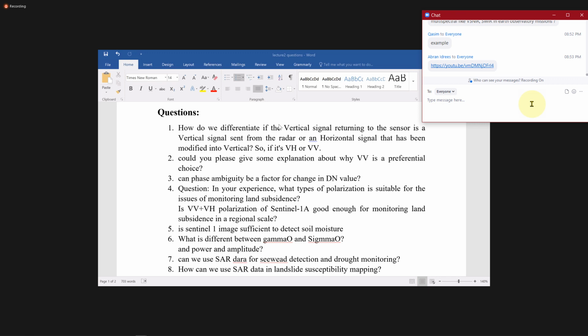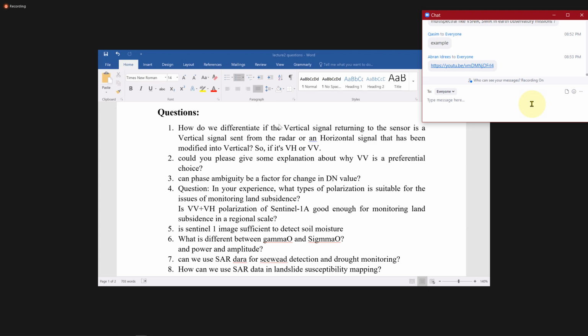VH reacts strongly with vegetation, as we will come to, but when we do interferometry, we do not like vegetation. So we do not like polarizations that react strongly with vegetation. So we would typically move toward VV. However, as in many cases, for special applications it might be different.